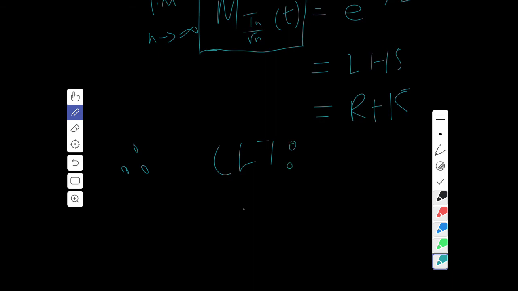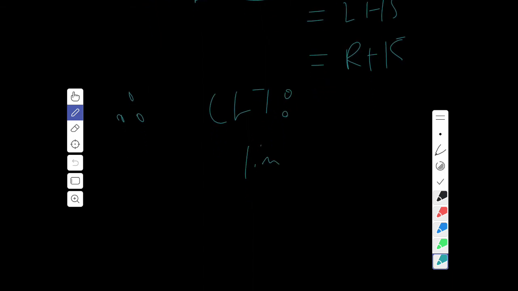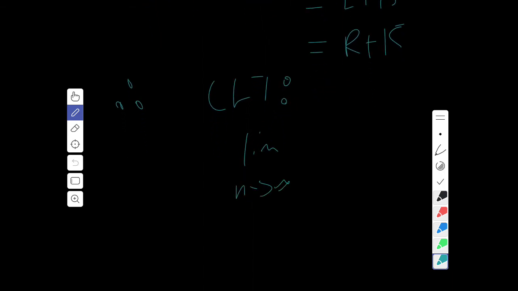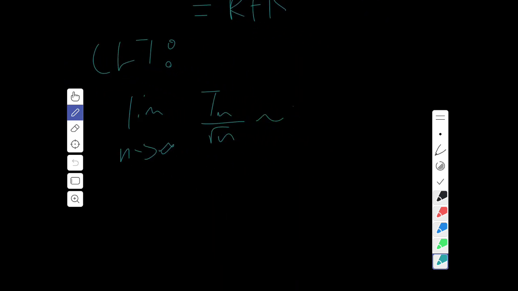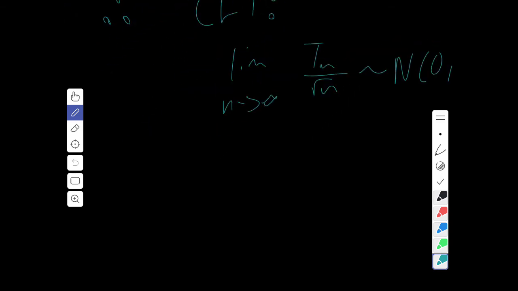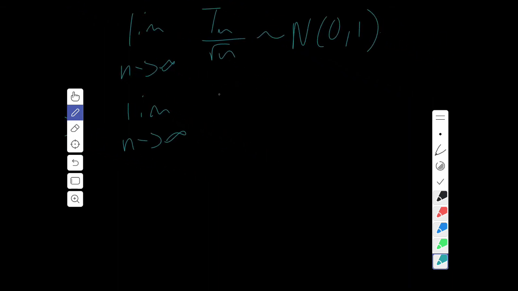We've shown that essentially the limit as n goes to infinity of Tn over square root of n is a normal distribution 0, 1, and based on our definition, Tn is the same thing as 1 over square root of n summed from i equals 1 to n of zi's.